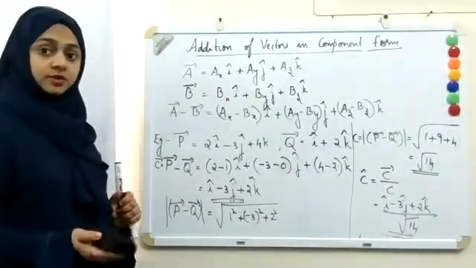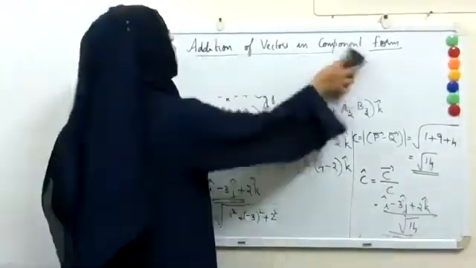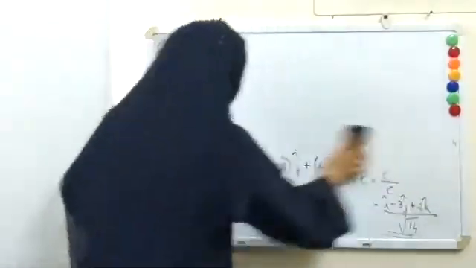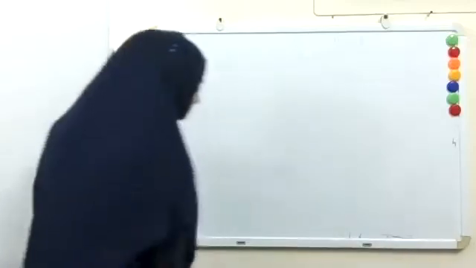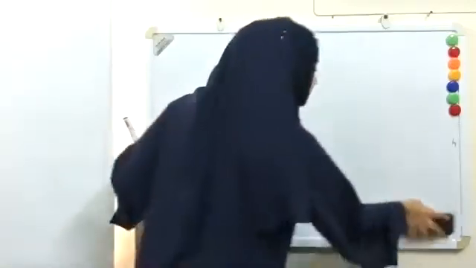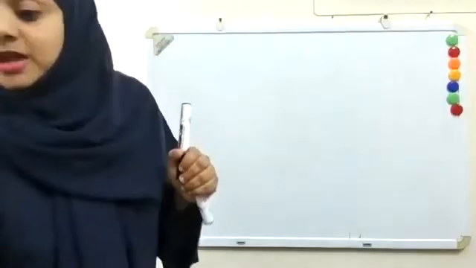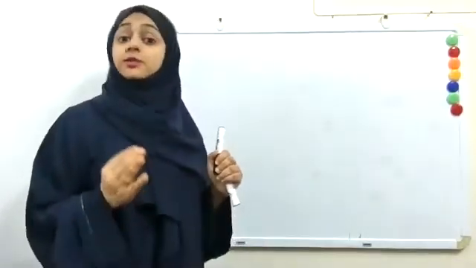Yeah, teacher. Okay. So let us now move into the multiplication of vectors. How we can multiply two vectors, and also how we can multiply a scalar quantity with a vector.